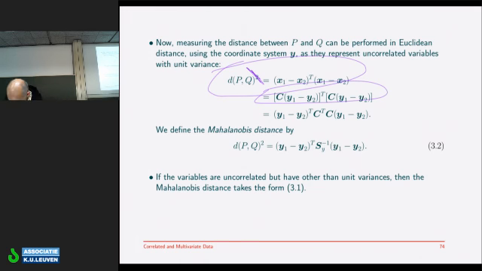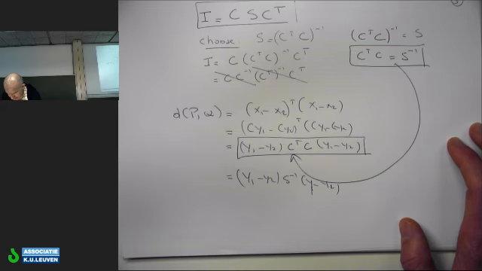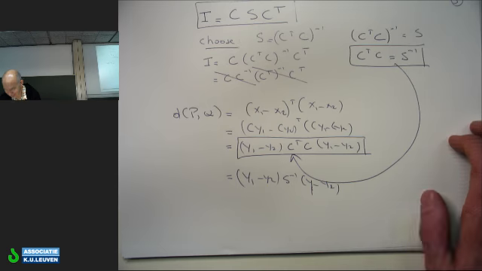So now we're actually quite lucky because we did not bother deriving the C from the S. And good thing that we didn't, because we don't need the C, we only need C transpose times C. So we get (y1 minus y2) transpose S inverse (y1 minus y2). And you don't see that, but now you do, right?